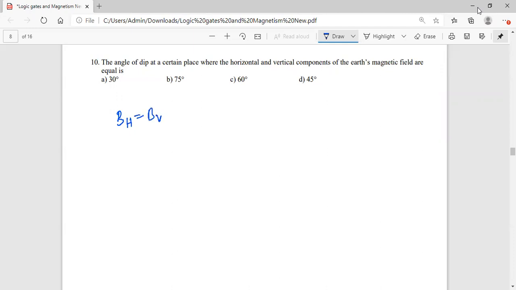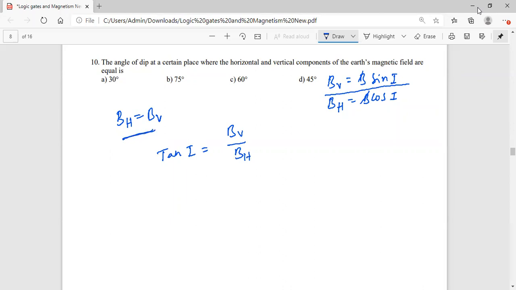So we know that BH is equal to B cos I and BV is equal to B sin I. If we divide both the equations, B cancels, and sin I by cos I is tan I. Therefore, you should know this one formula: tan I is equal to BV by BH.